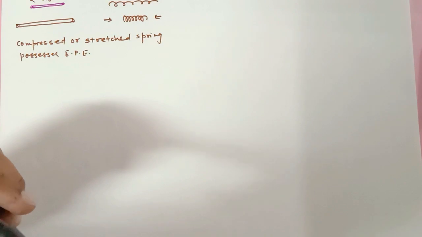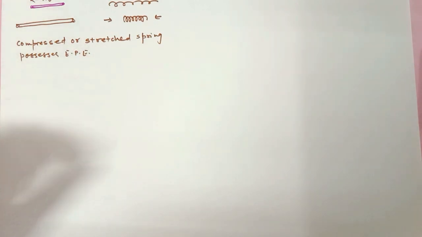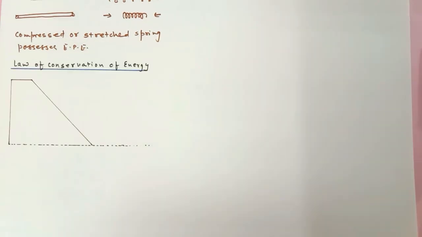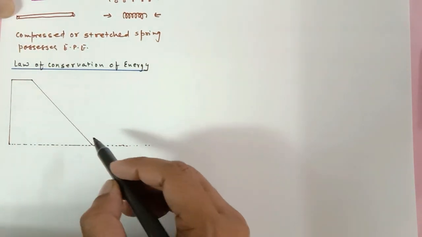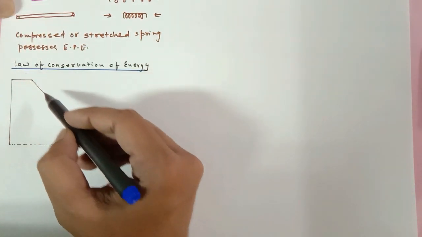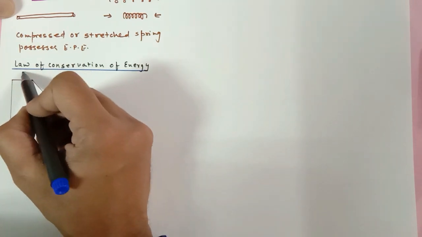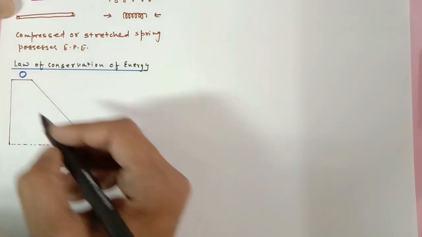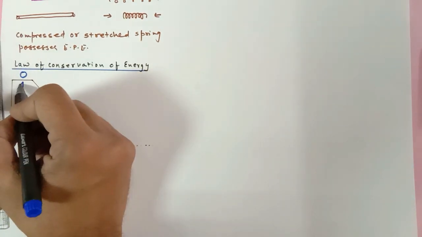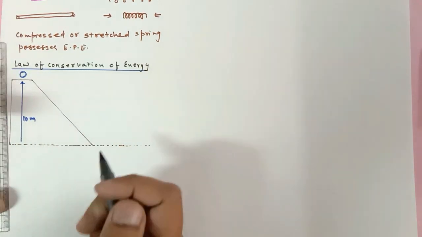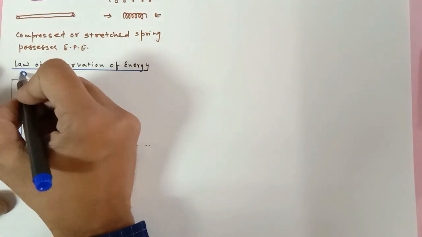Next topic is called the law of conservation of energy. So here we have an inclined plane. You can consider this as a small hill which has got an inclined plane, and a small ball is placed over here, people. Now this ball is at, say, height 10 meter above the ground, and this ball is at rest.